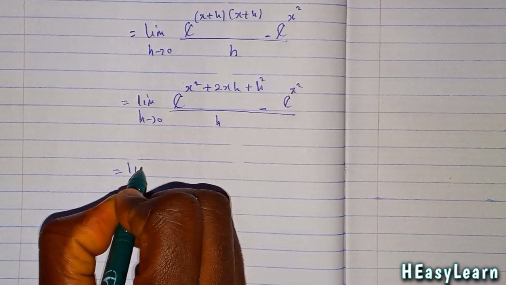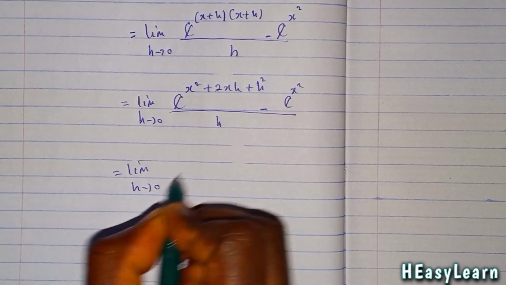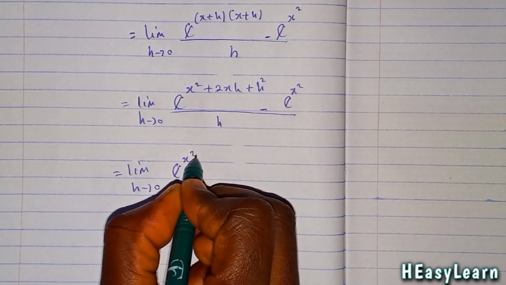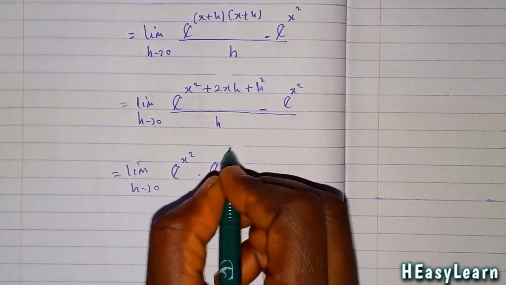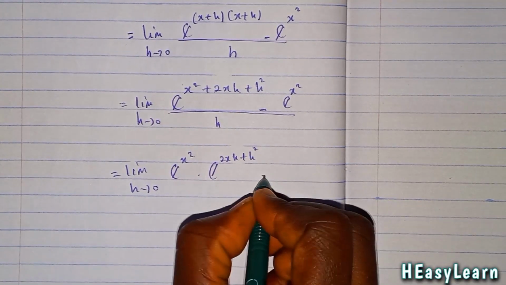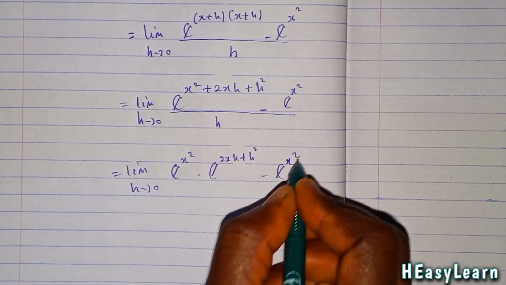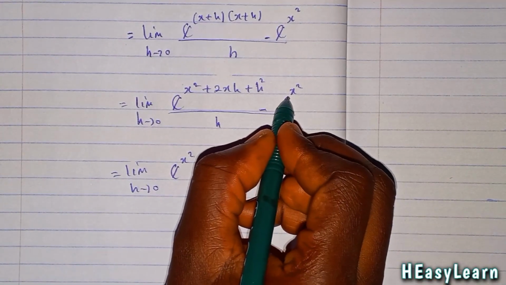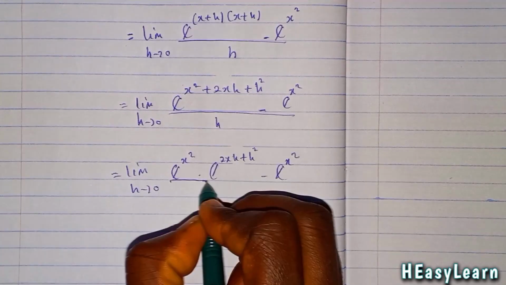This is the same as the limit of e to the power of x squared times e to the power of 2xh plus h squared, minus e to the power of x squared, because the aim is to factor out e to the power of x squared.